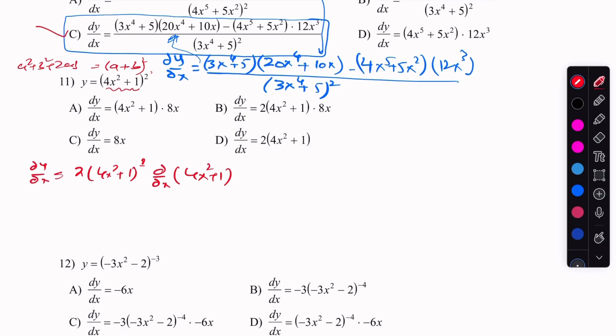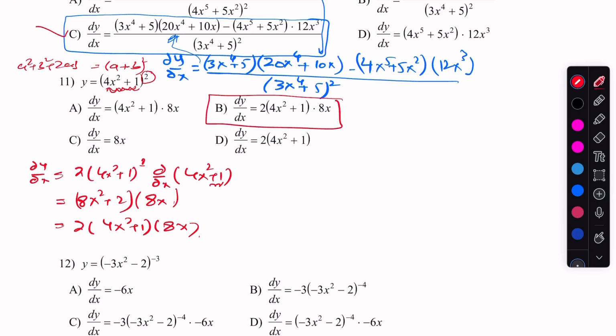So first you resolve the power, and then you solve the function. So then it will be 8x squared plus 2, and then what is the derivative of this is 8x only, because 4 multiplied by 2 and 1 has a derivative 0. So your answer will be, if we take common, I think, and we have seen the correct answer.